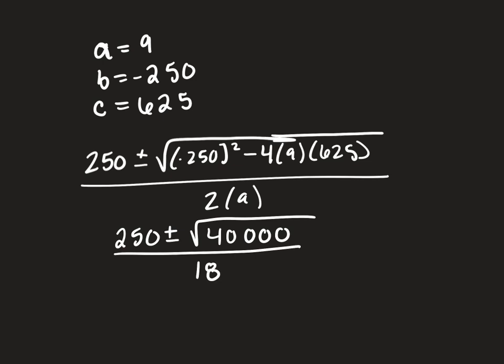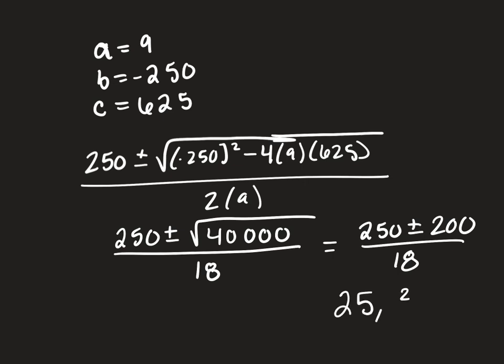So then the square root of 40,000 is, I believe, 200. So then you have 250 plus or minus 200 over 18. And then you can reduce that to get 25, and then 25 over 9 is the other one when you work that out and simplify.